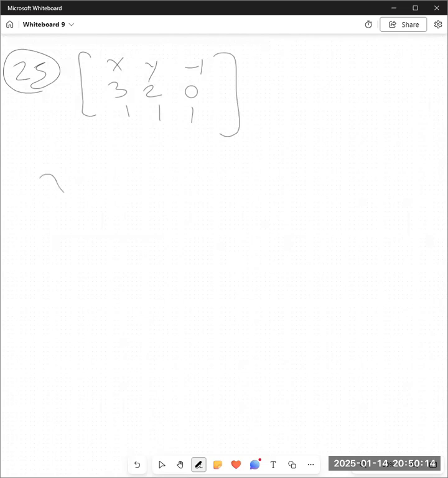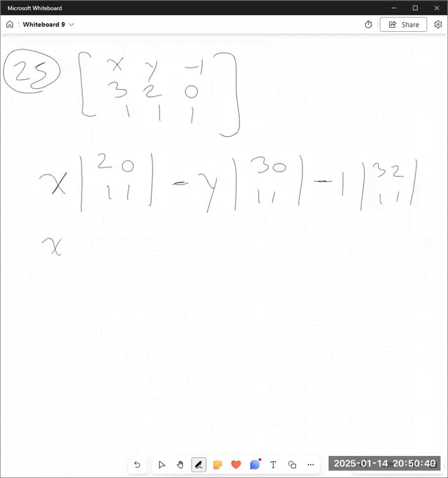So that's going to be a positive x times the minor here, 2, 0, 1, 1. Then I change the sign here. This is a negative y. And that minor is going to be 3, 0, 1, 1. And then a positive -1. And that minor is going to be 3, 2, 1, 1.